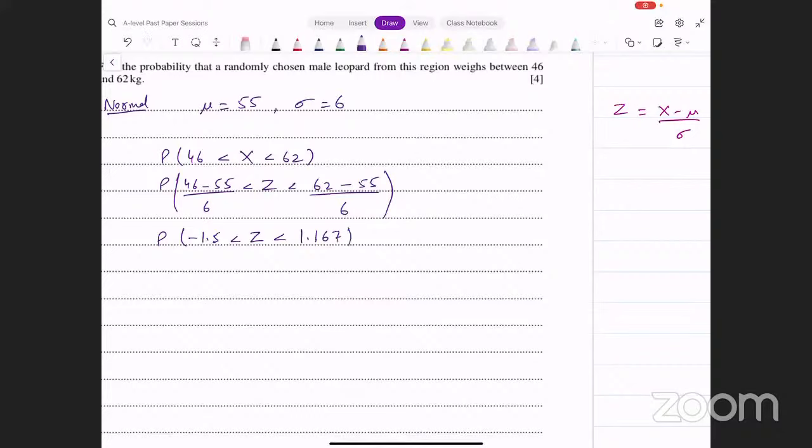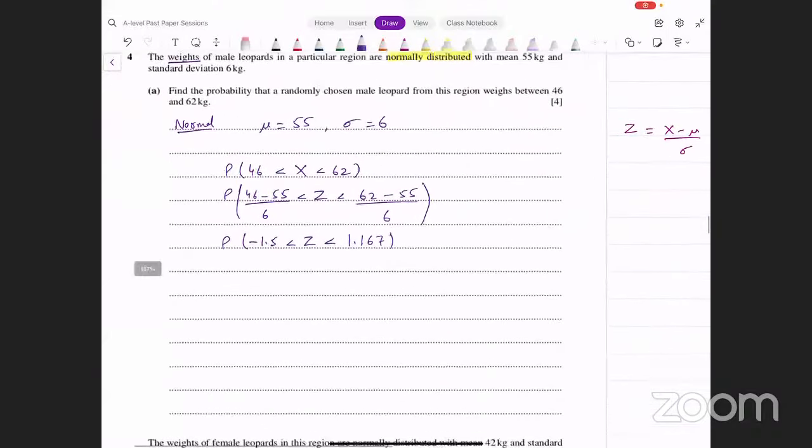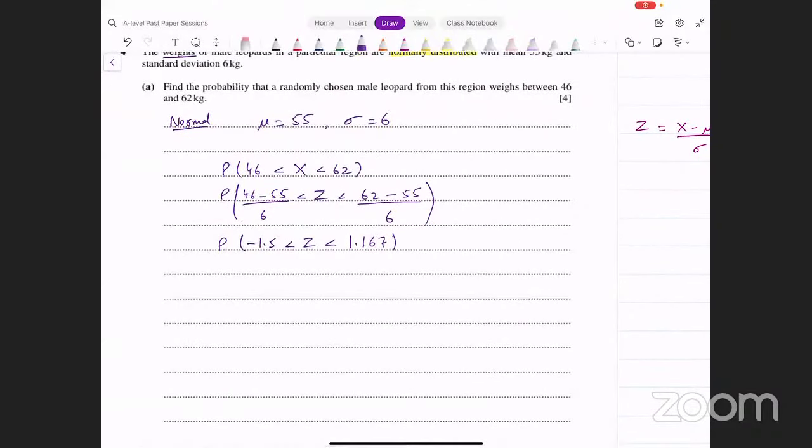Okay. Now, if you were to think about the graph for this, graph इसका कैसा आएगा? Let's draw the graph of this standard normal distribution. It's going to look like this. In the middle, for the Z distribution, we have 0 as usual.